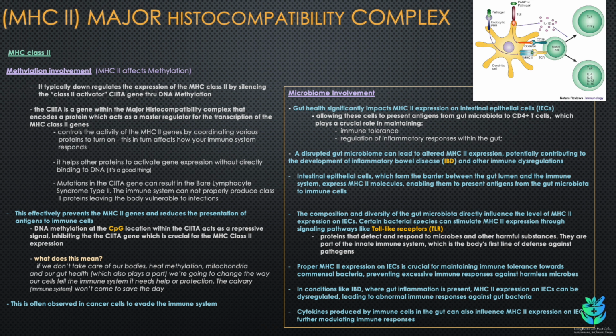Cytokines produced by immune cells in the gut can also influence MHC2 expression on intestinal epithelial cells, further modulating immune responses. Again, this is why so many people wind up improving when they fast, and then we rebuild the microbiome so that we can stop all of these aberrant functions.